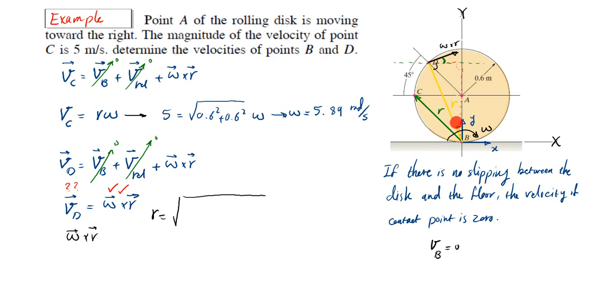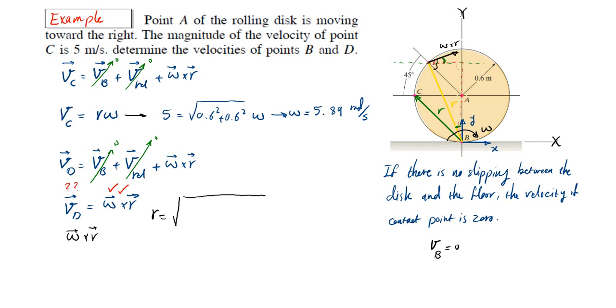So this length is equal to the square root of this length squared plus this length squared, as part of this right triangle. This length is 0.6 plus 0.6 cosine 45 degrees. And this length is just 0.6, the hypotenuse in this triangle, sine 45 degrees.